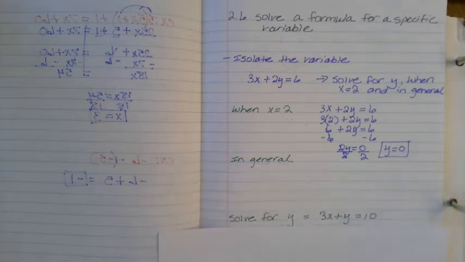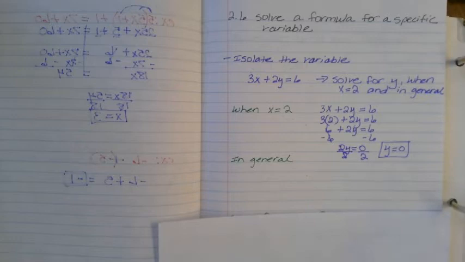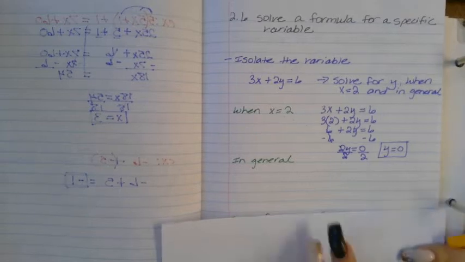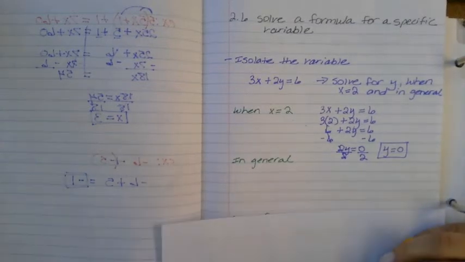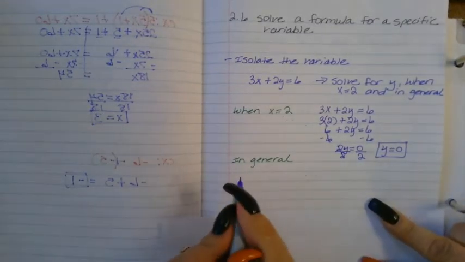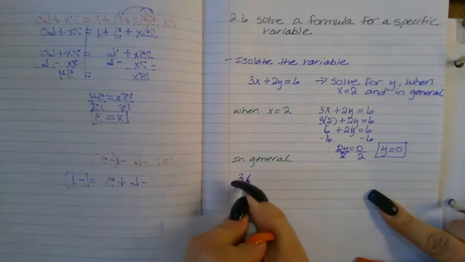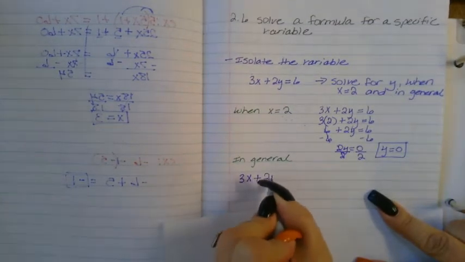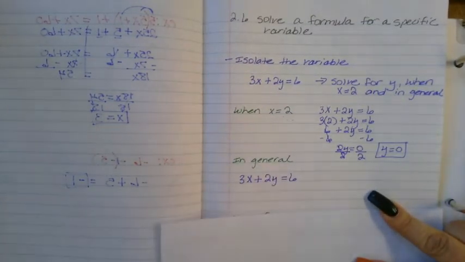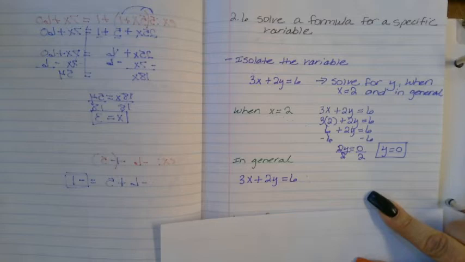So when it says in general, it's going to tell you to solve for y when x is 2 and in general. What it means by in general is, okay, let's write down our problem again. 3x plus 2y equals 6. We want to solve for the y there.